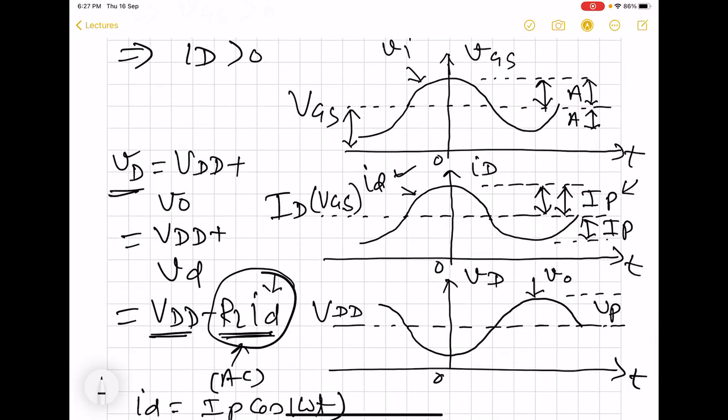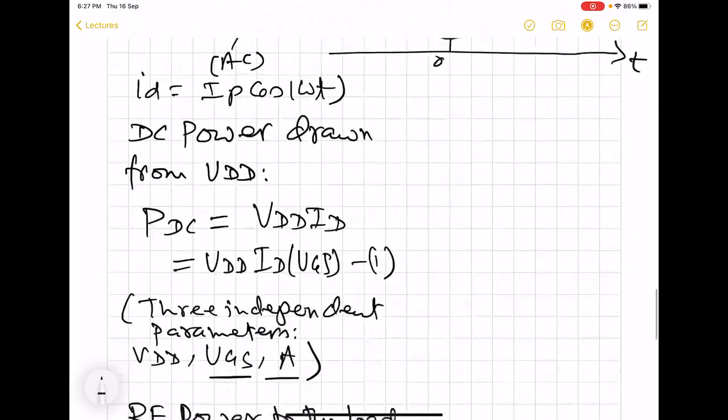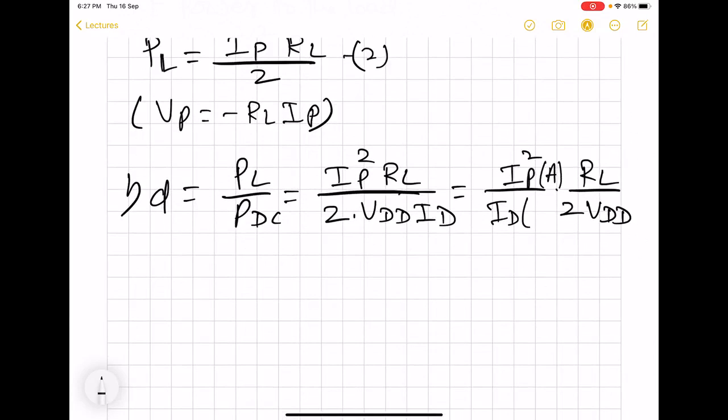So this is one thing. Second is, if we increase this VGS, then this ID is also going to increase. So ID is a function of VGS, while IP is a function of amplitude A. So here in this case, we find this scenario. Right.